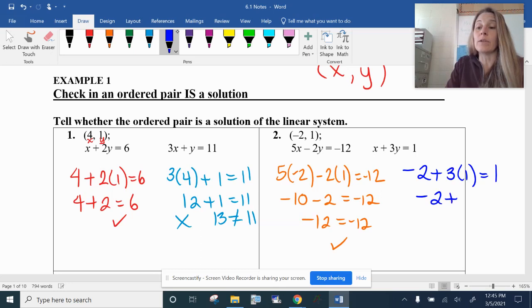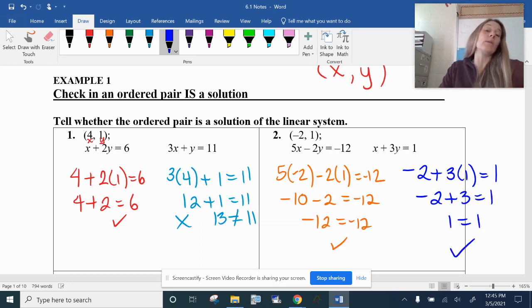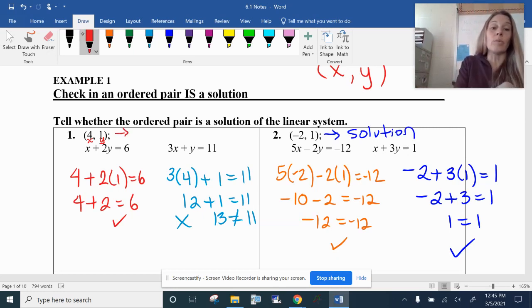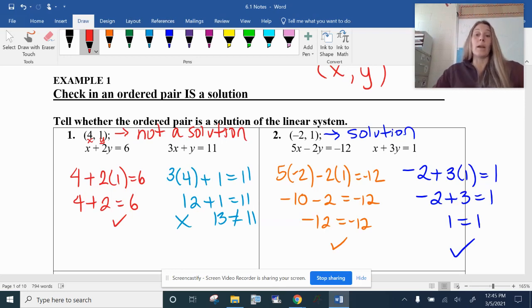I have negative 2 plus 3, which does equal 1, and we notice it works there as well. So for number 2, this would be a solution because it worked for both. Whereas in number 1, the point (4, 1) is not a solution for the system because it only worked for one equation and not the other.